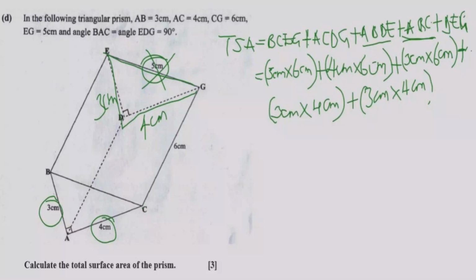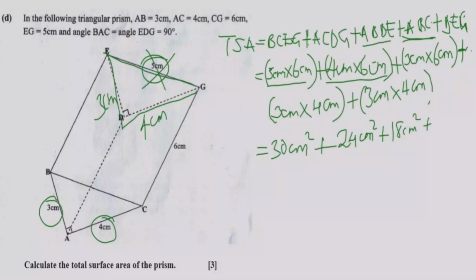Okay, so now once we have gotten the numerical values of these, we can start evaluating. So we say equals to, so we start here, 5 centimeter times 6 centimeter will give us 30 centimeter squared, then plus 4 centimeter times 6 centimeter will give us 24 centimeter squared, then plus 3 centimeter times 6 centimeter will give us 18 centimeter squared, then plus 3 centimeter times 4 centimeter will give us 12 centimeter squared.